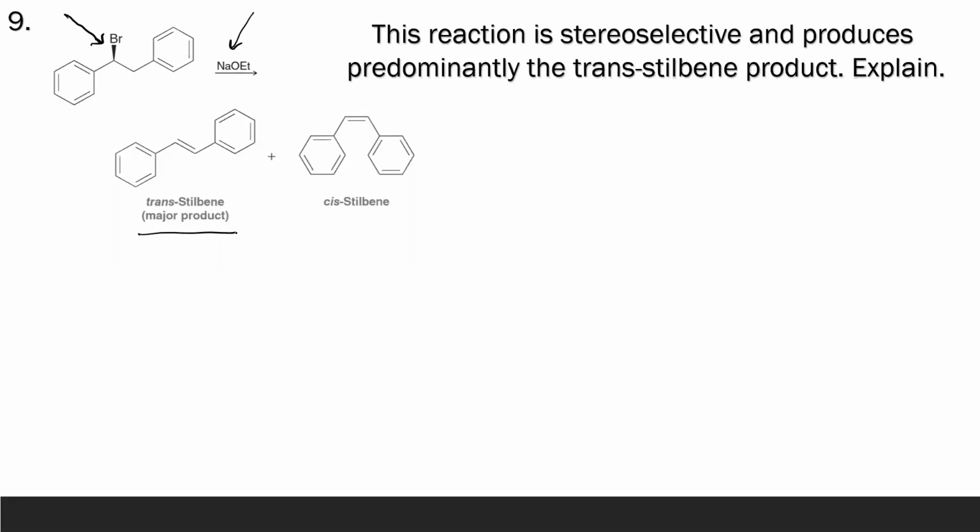So in order to analyze this, what I'm going to do is draw out my Newman projection. And so we've got two abstractable protons here. So what I'm going to do is draw two Newman projections that have both abstractable protons in the anti-coplanar configuration. And then we can analyze the other substituents that are connected to that carbon center.